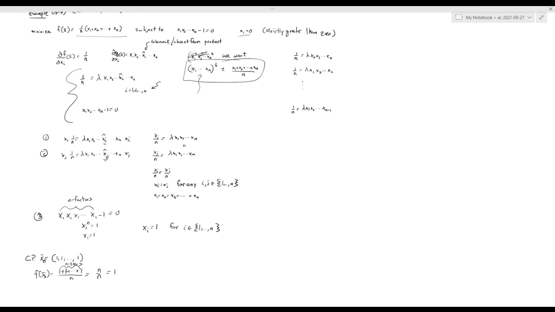Well, what if you take any other point? Right, so we know that if your function attains a maximum or minimum, then it has to do it at a critical point. So this is the only critical point, the one that's all ones. This is the only critical point we found.